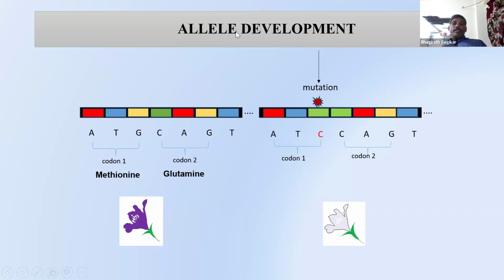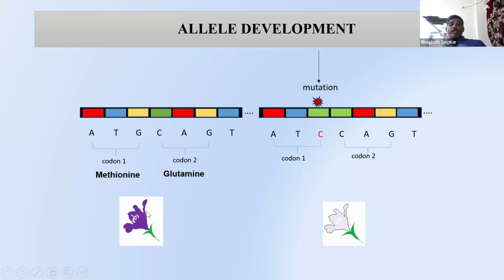That's why the allele undergoes mutation, which changes the codon sequence also. In the first codon, ATG is here, but by the influence of mutation it changed into ATC. That means G is replaced by C. These two amino acids are very important for the synthesis of the color.